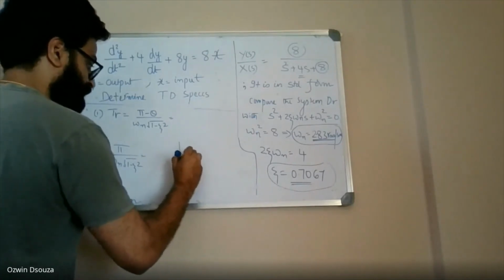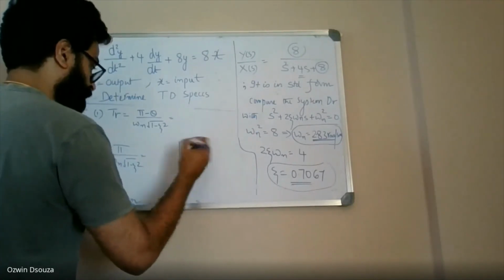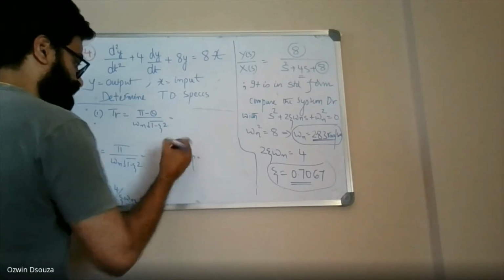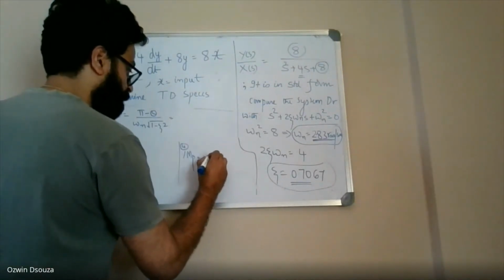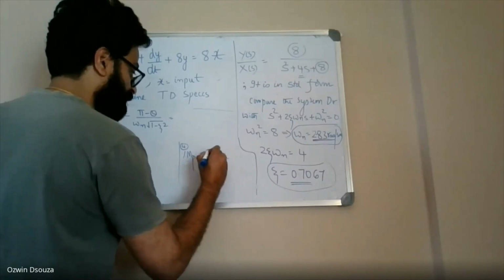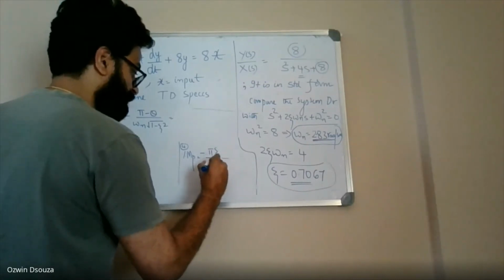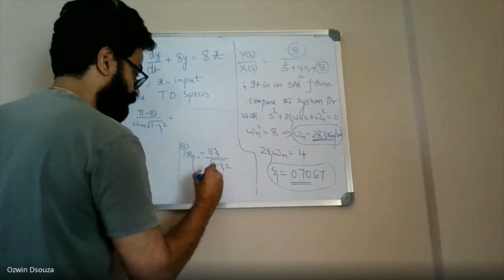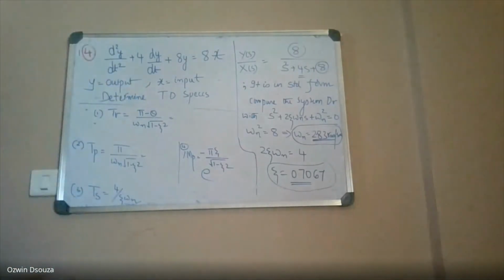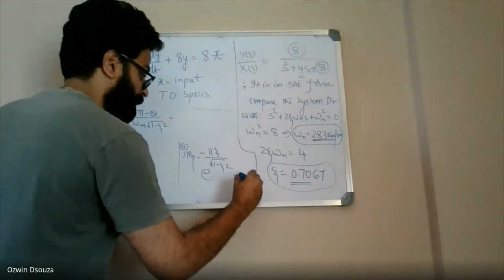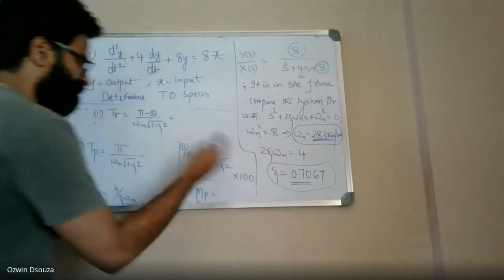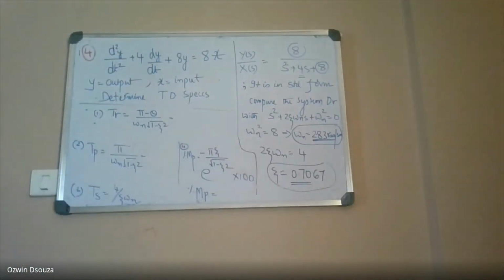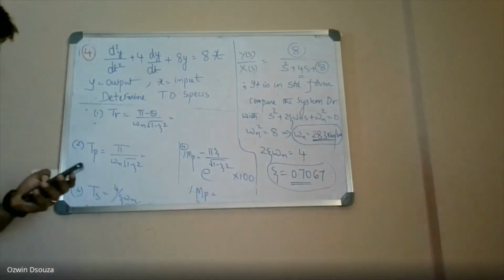And percentage MP, that's the fourth specification, right? Percentage MP is the exponential of minus pi zeta by under root 1 minus zeta square, into 100. So it's a straightforward substitution. Theta you need to determine.